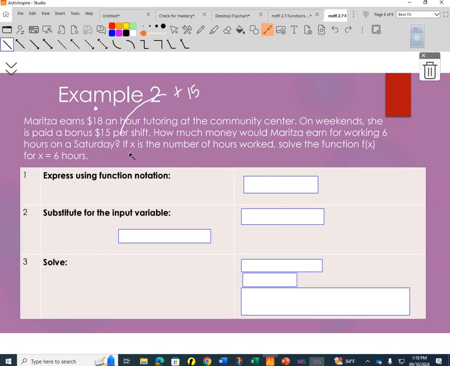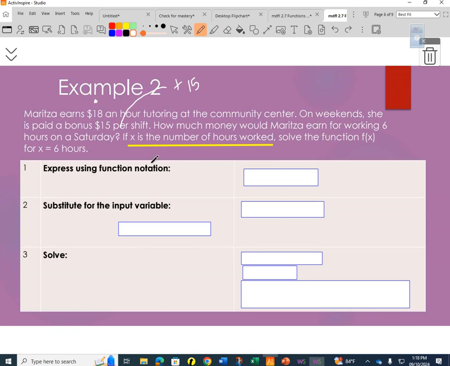We need to know that the variable here, x, is the number of hours worked. And the output, the f of x, is going to be the amount of money she makes working that Saturday shift.